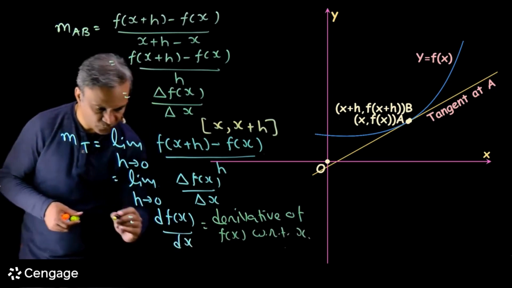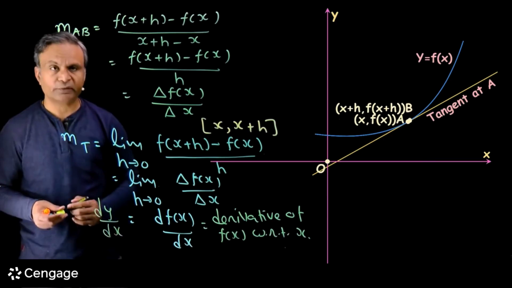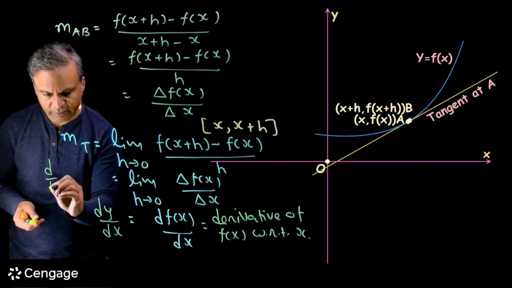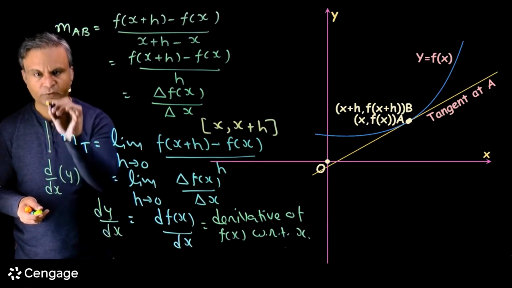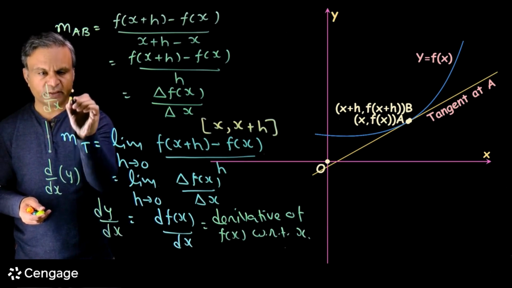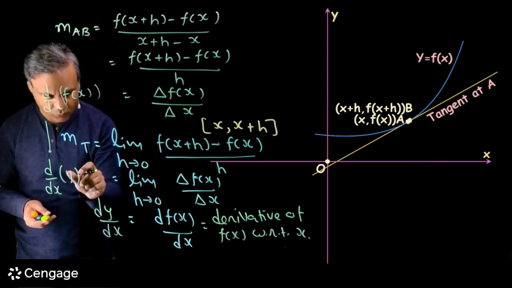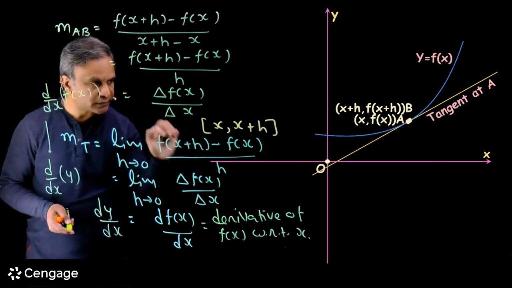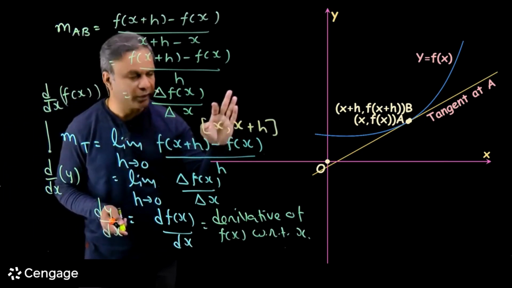This is also dy/dx, because y is equal to f(x). We can write it like this also: d/dx of y, or d/dx of f(x), the derivative of f(x) or y with respect to x. This is the instantaneous change in the value of y with respect to x at point A.